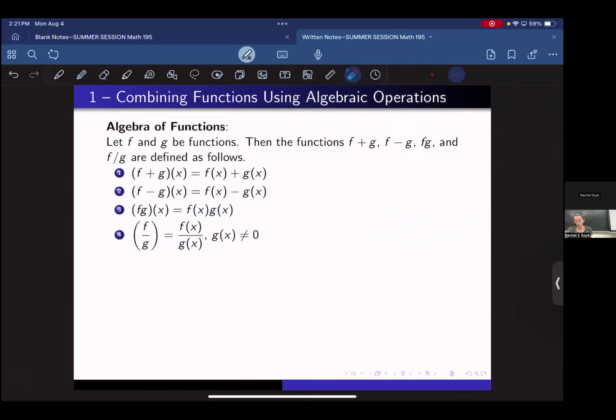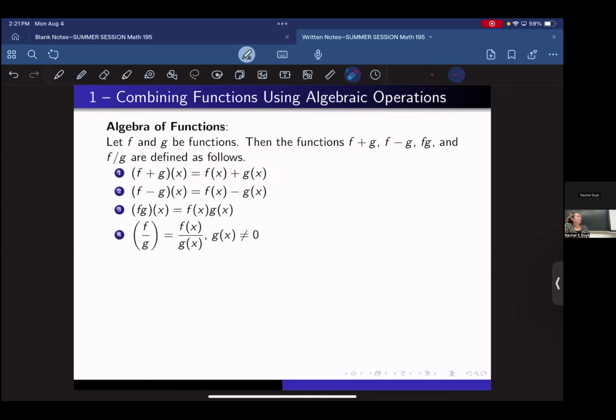Our first objective, being able to combine functions using algebraic operations. And so addition, subtraction, multiplication, and dividing are all of the operations, but from a function standpoint, if you're adding 2 functions, our f plus g of x is the same as just adding f of x and g of x separately.